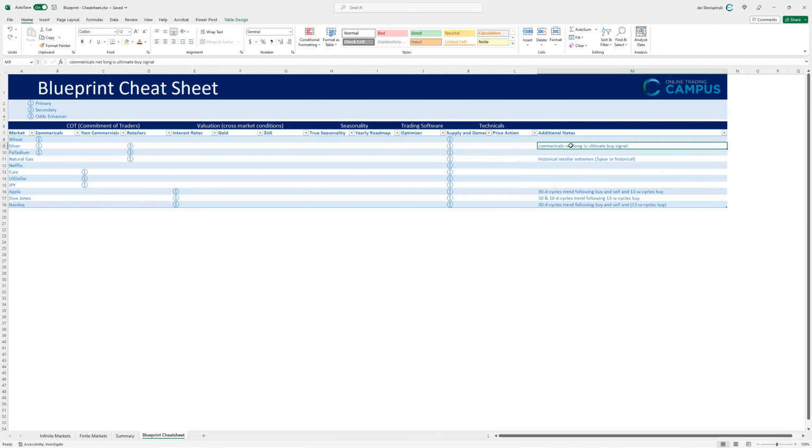If you see the commercials net long as the ultimate buy signal, and for example for the Nasdaq as a primary setup tool, we just covered that quickly, but we're going to cover that in more detail as well for Apple or for Nasdaq. You know, the yearly roadmap. Oh my God, when I do this, I really have to check the yearly roadmap, right?